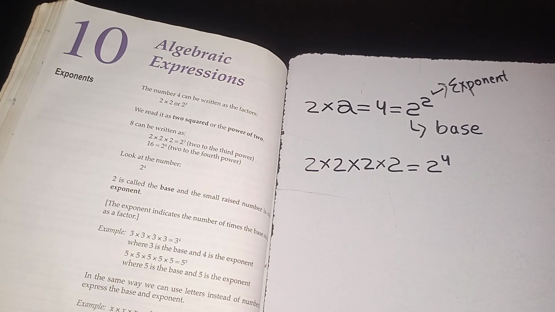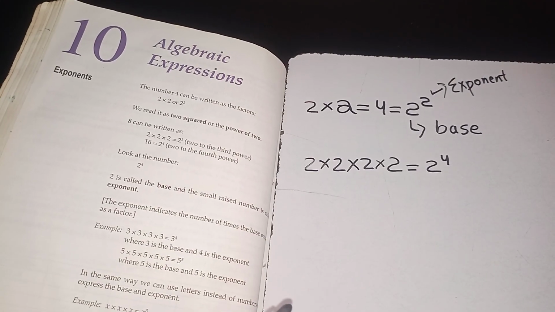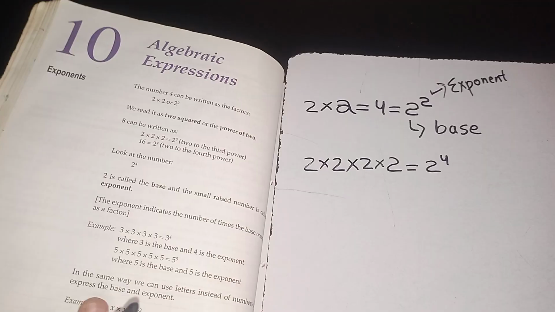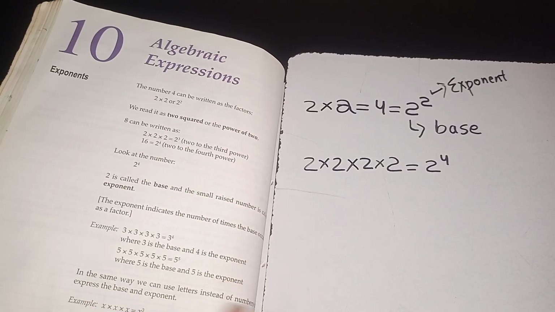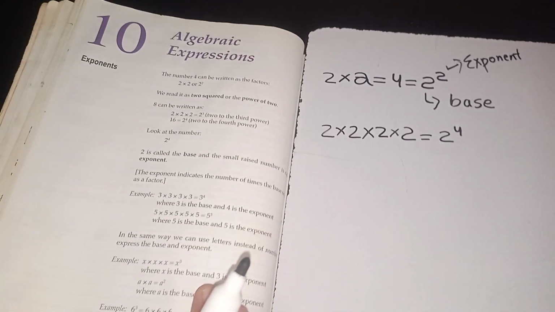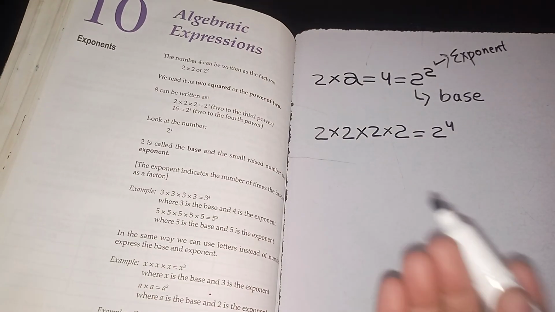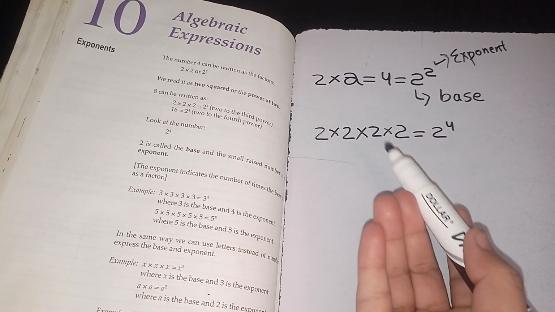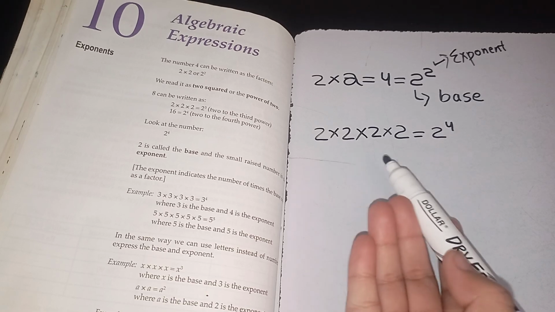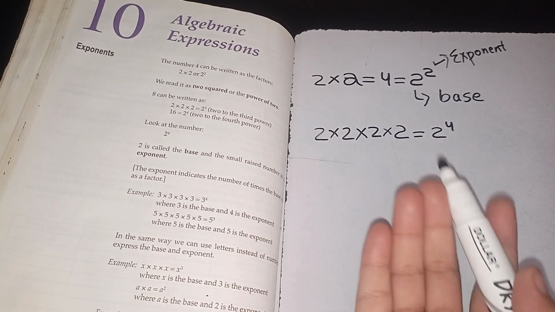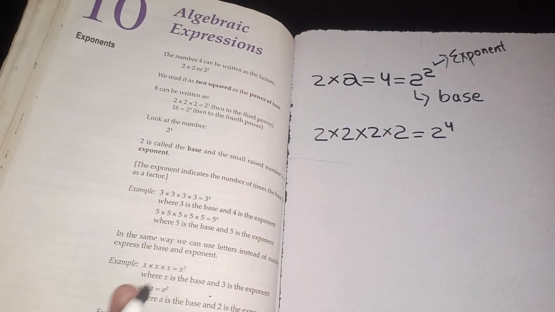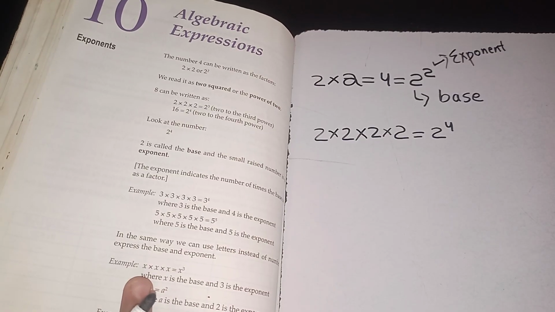In the same way, we can use letters instead of numbers to express the base and exponent. In mathematics, instead of numbers we also write letters, or variables. As we know, in the English alphabet we have x.